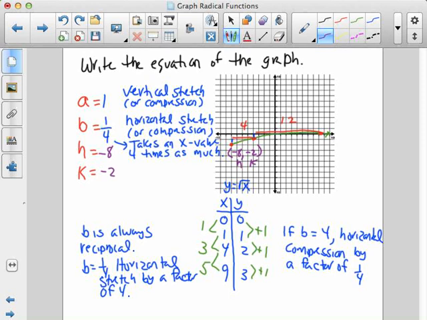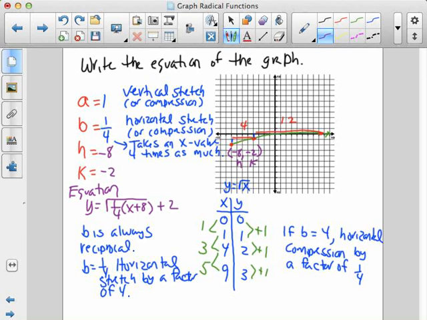So that means the equation is y equals, we don't have to really put a 1 in front of our radical, but square root of 1/4 times x plus 8 plus 2. And there's our equation.